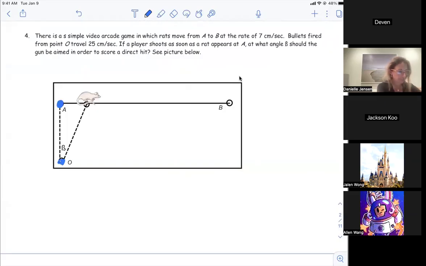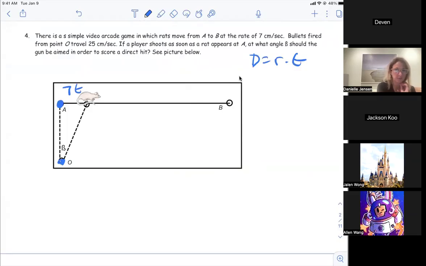It's running along this line. So if I'm going to create a triangle in relationship, I want distances. I don't just want rates. Remember, distance is rate times time. So to capture the distance the rat is going at any unit of time, it's just the rate times the time.